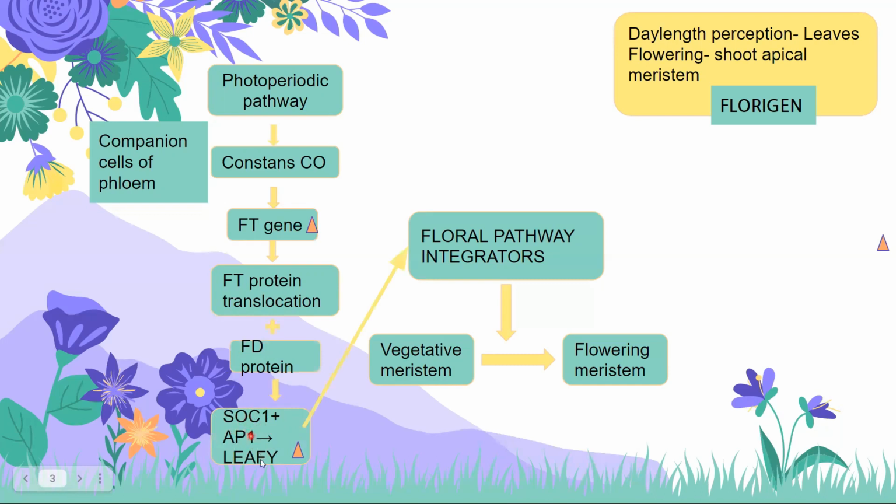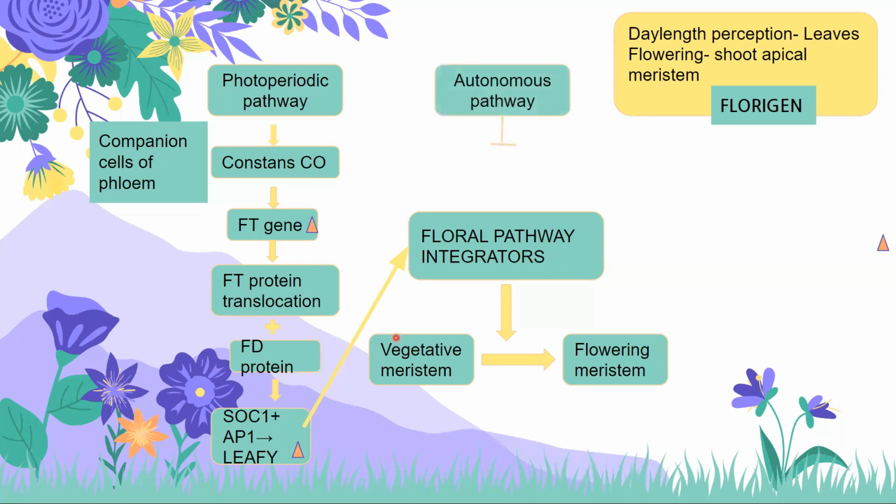These together are known to activate LEAFY, and as we just saw before, LEAFY is a main flowering gene. So it activates LEAFY, and then LEAFY causes the induction of flowering. This is the first pathway in response to the environmental cue.